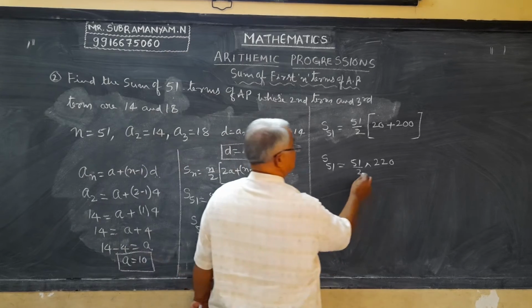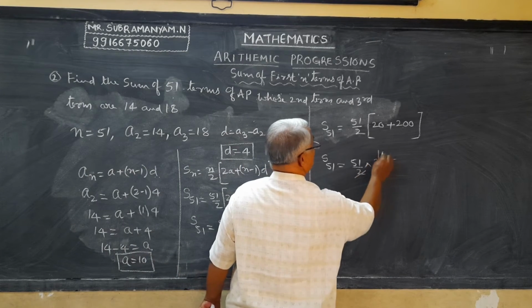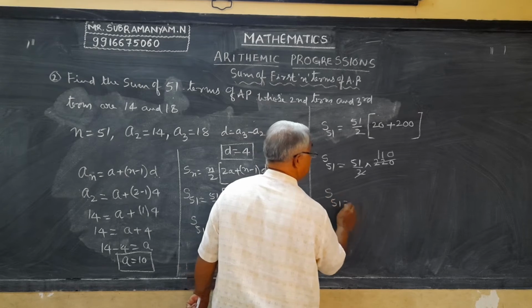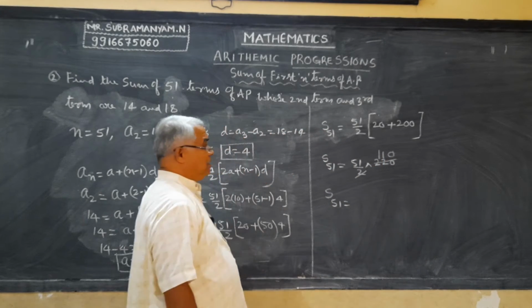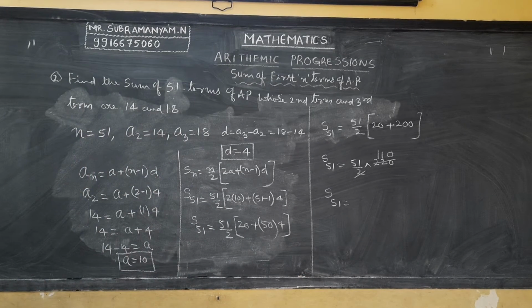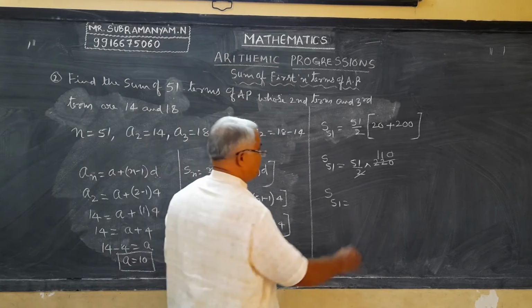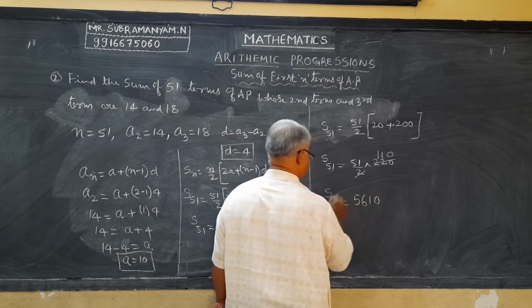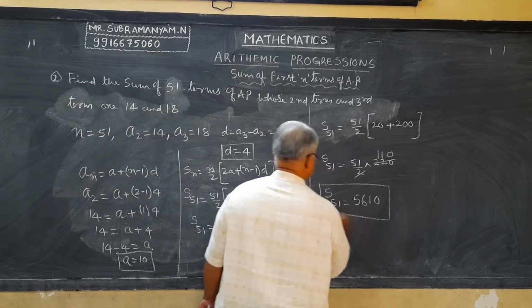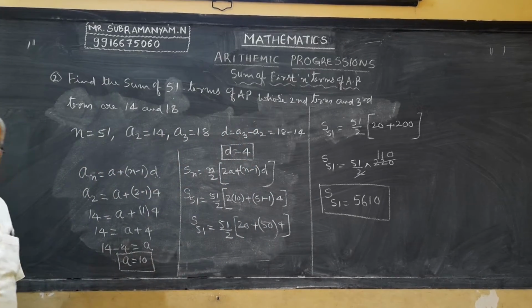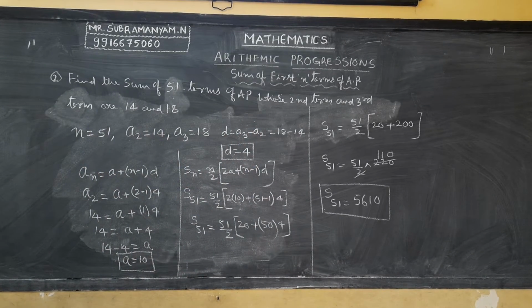Now we can cancel with 2. 2 ones are 2, 1, 1, 0. Now you have to multiply these two. Multiply, children, 110 with 51. So 5610. This is the sum of 51 terms. Okay. We take the next problem. Third problem.